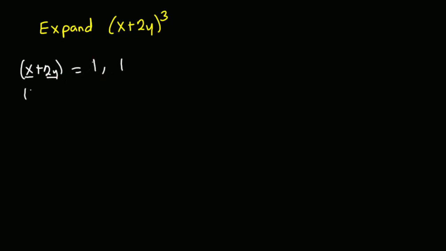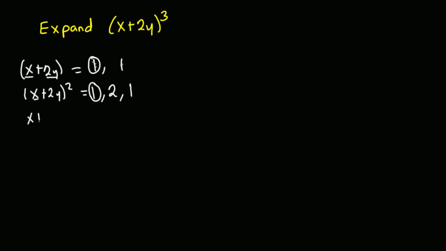Then if you are expanding (x + 2y) all squared, the coefficient of the terms will be 1. So this first number will appear first, then you add the 2, so 1 plus 1 becomes 2, so that becomes the coefficient of the second term in this expansion. Then lastly, this one will come.